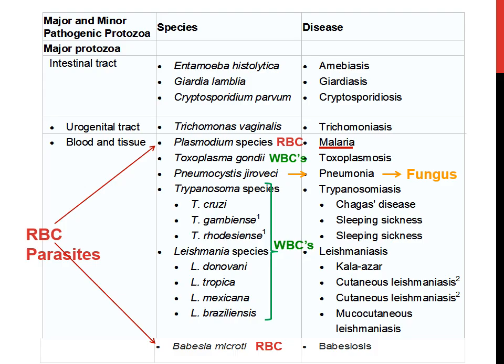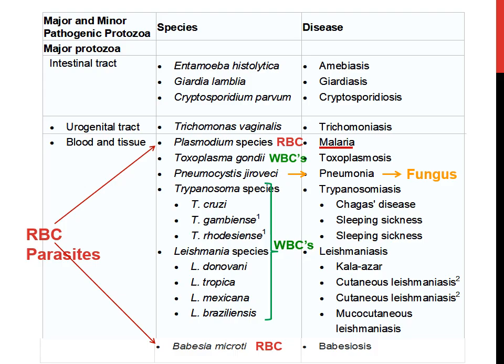In here, at the top of the table in the middle, we have Plasmodium species, and I write next to it in red RBCs. Plasmodium species infect the red blood cells, and this is what malaria is about, which we shall talk a little bit about during this lecture, but more later on in the TBL session.